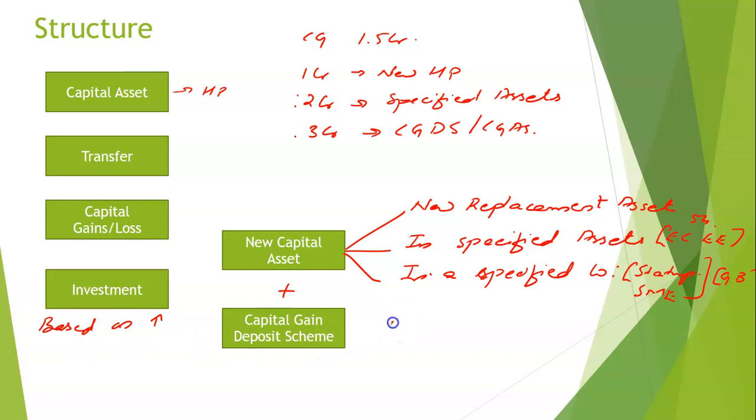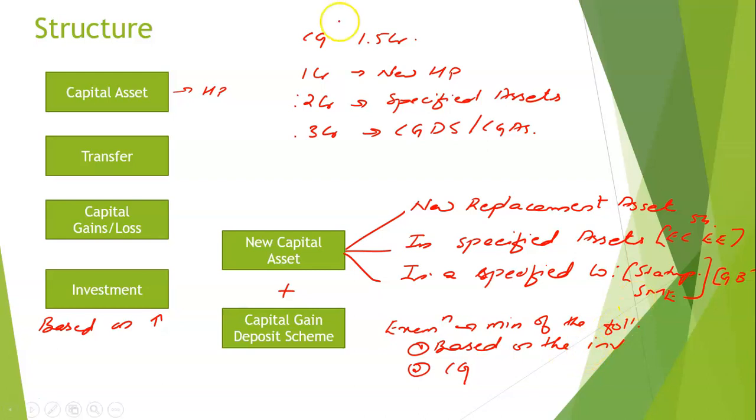The exemption available will be the minimum of the following. I forgot to mention that. First one, based on the investment made. At times it will be the actual investment made, and at times it will be a proportion of that investment made, and the capital gain, whichever is lesser.